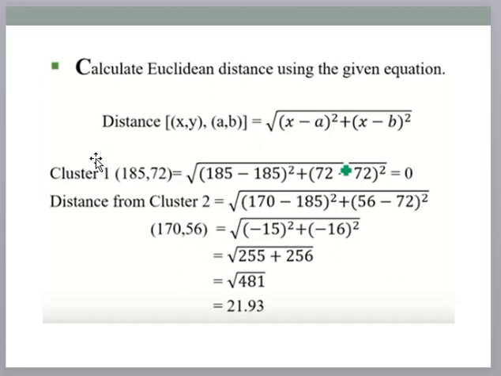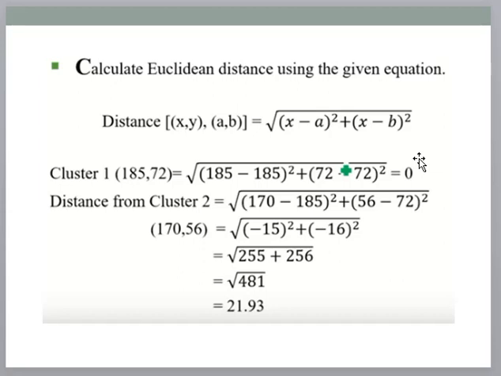So for cluster number 1, we will first calculate the distance between the data sample and cluster number 1. Here we are treating cluster 1 as a data sample itself as well. So it means that we are calculating the distance of a point to itself. That's why we have this Euclidean distance as 0 here, right? Because every data sample will have a 0 distance with itself.